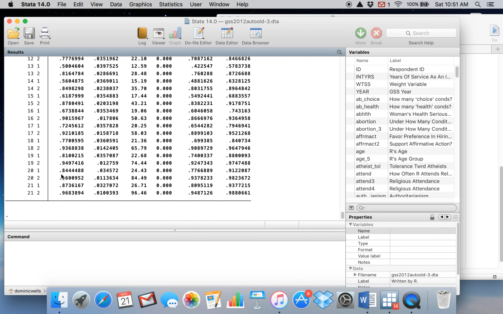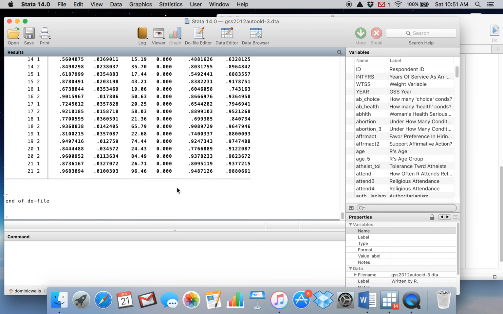You are 84% likely to vote. The same person who's older with the same income and same partisanship, with the same years of education, but they're over 60, is more likely to vote with a value of 0.96.